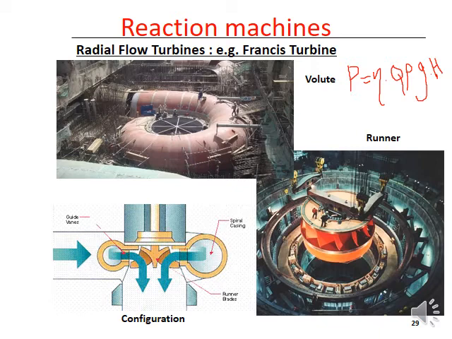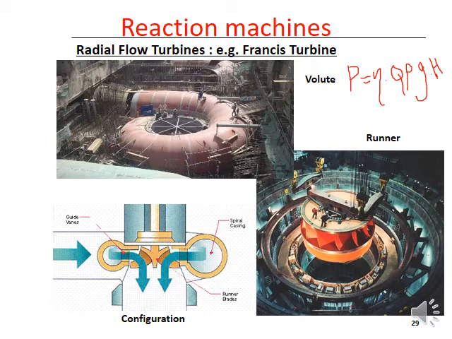And in pumping systems also you know power required to be imparted to the fluid to lift a discharge of Q to a height of H is Q rho GH, and this is the efficiency of the pump.